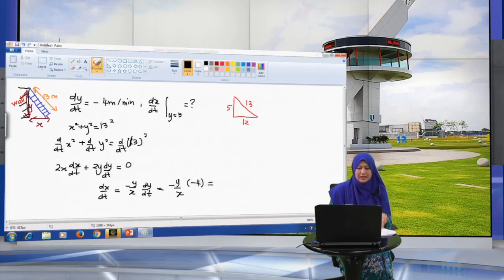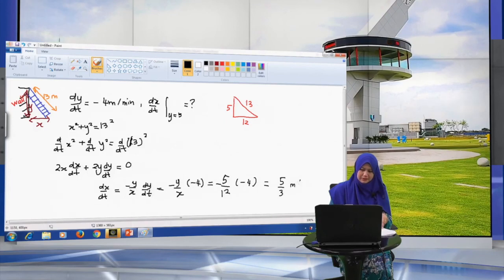Then you insert the value of y, which is 5, the value of x is 12, and multiply with minus 4. This one also has a minus here. We solve this and we get 5 over 3 meter per minute. So this is the answer.